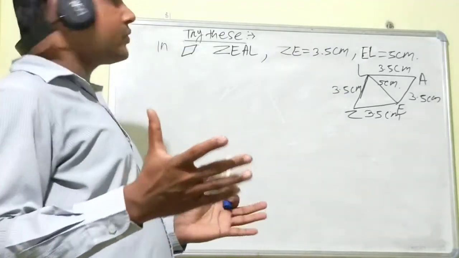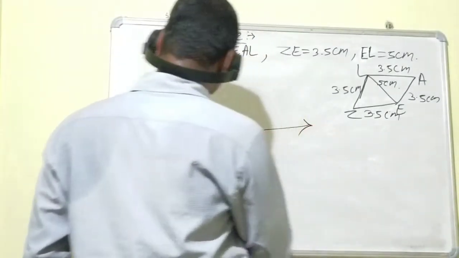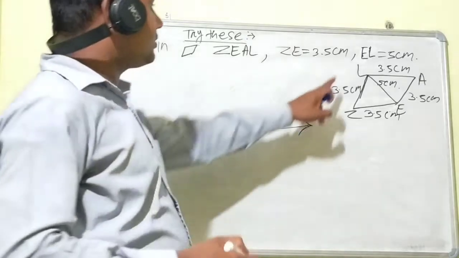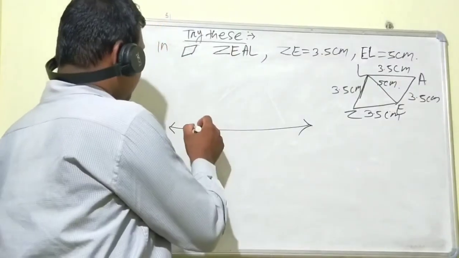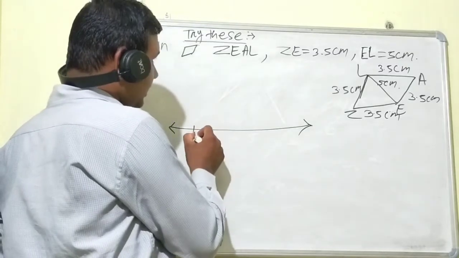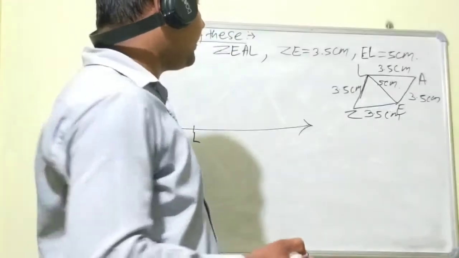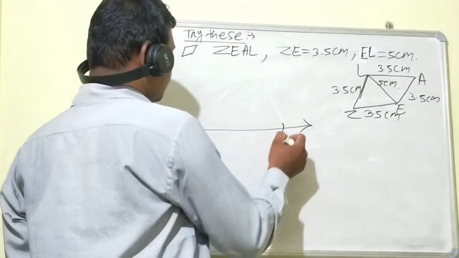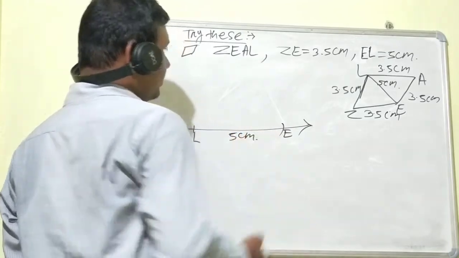The same process we will do by taking a line, and on that line we'll first construct the diagonal, that is LE. So let us take a point L and measure through the compass LE, 5 centimeter. After that, what will we do?